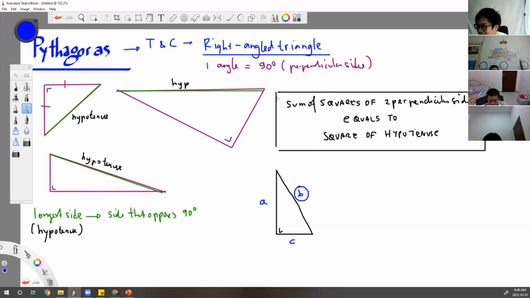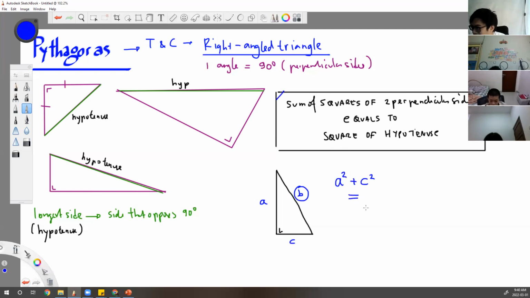So following the rule, the sum of squares of two perpendicular sides. These are the two perpendicular sides. So A square plus C square, you square them and then add them, equals B square. That is because they are the two perpendicular sides.